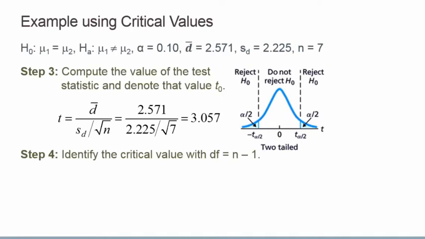Step 4. Identify the critical value with degrees of freedom n-1. We have a two-tailed test. Our degrees of freedom would be 6. And we want to find plus or minus t sub alpha divided by 2. Since alpha is 0.1, we want plus or minus t sub 0.05.